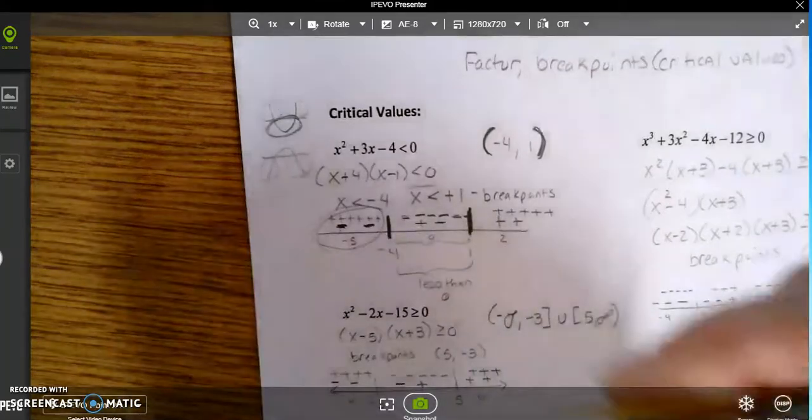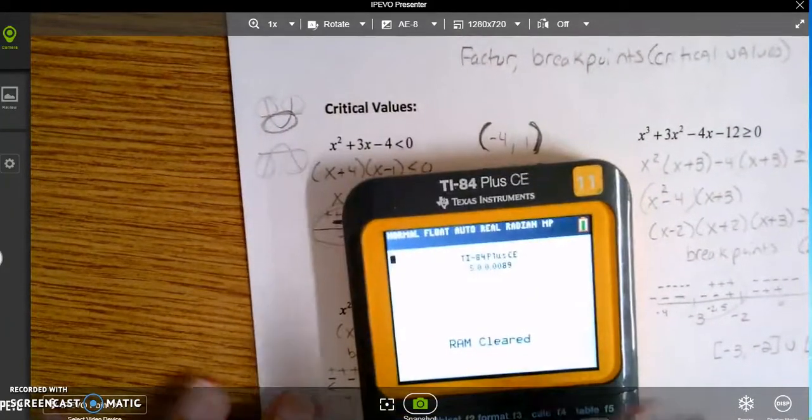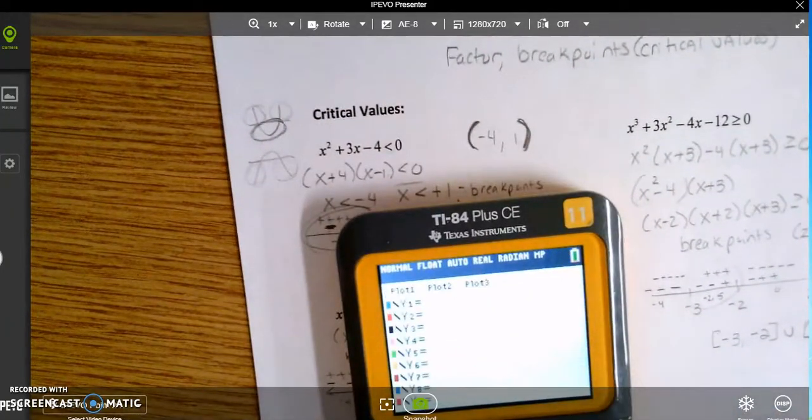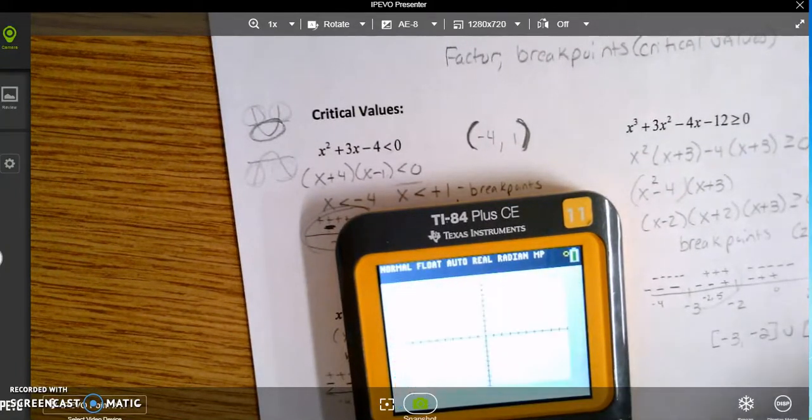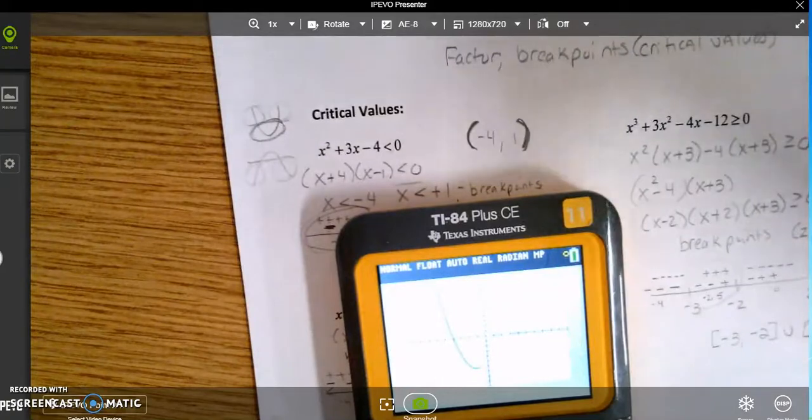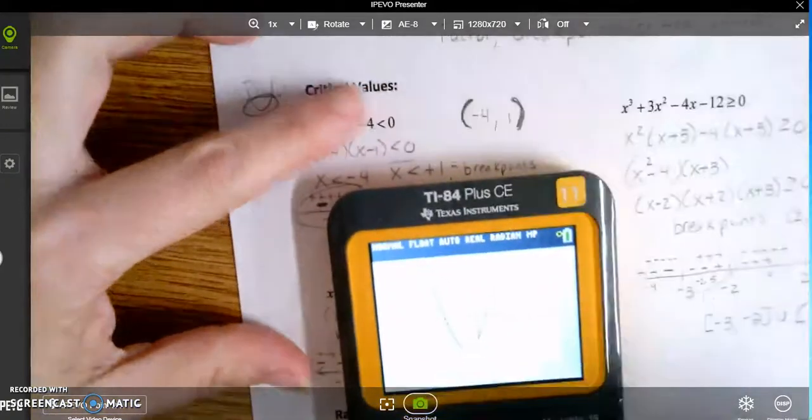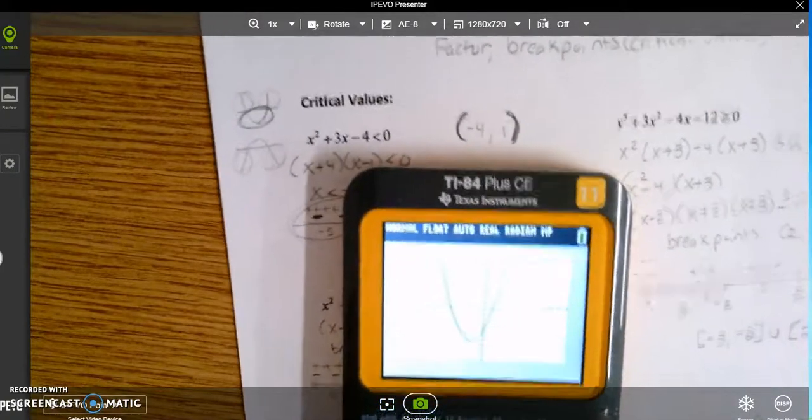So if I took this and I put it in a graphing calculator, so I have x squared plus 3x minus 4, and if I graph it. So again, what I'm looking for, let's see if you can see that better.